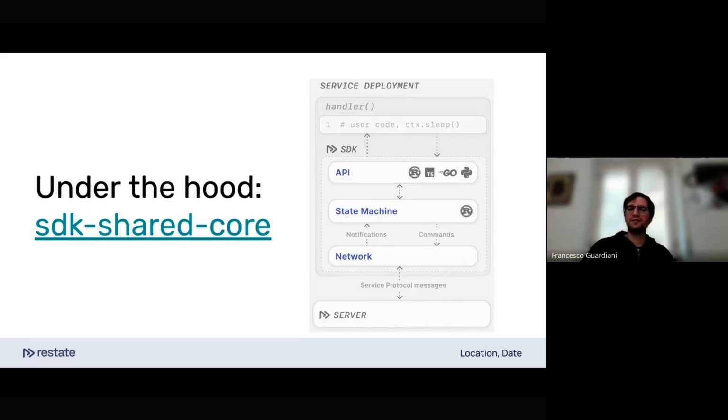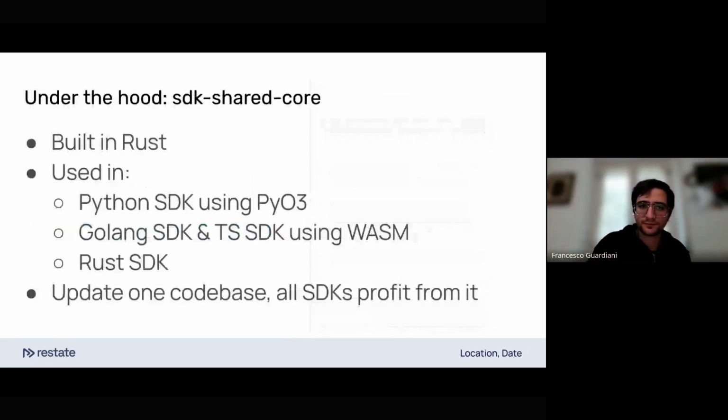So this network layer is just a thin layer that really depends on the platform where you end up deploying your service. Well, the API layer is essentially the experience that you get when you use the SDK. And the state machine is literally the implementation of this service protocol.